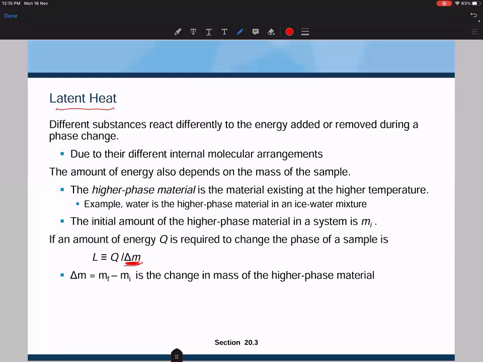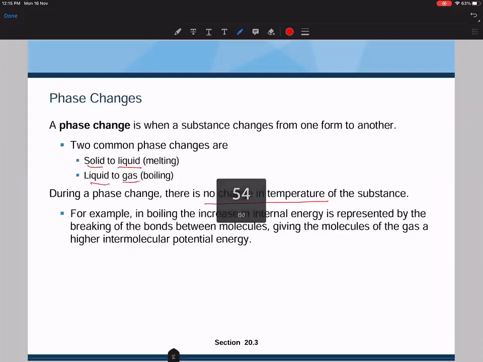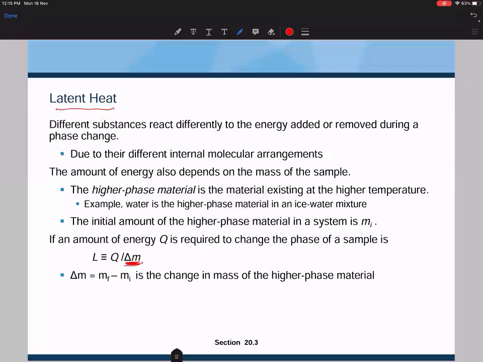And because there are two possible forms of phase change, from solid to liquid or from liquid to gas, you have two different types of latent heat.